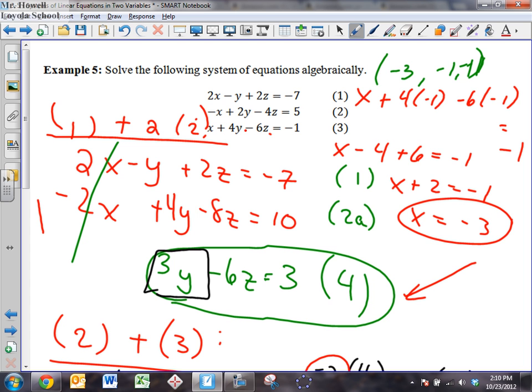It really doesn't matter technically, but just so you guys know, you're going to write ordered pairs or ordered triples X, Y, Z. How would I check my answer here? Plug in. To check, you should really plug in the answer in all 3 and check 3 times. But I don't want to go through all that work, right?